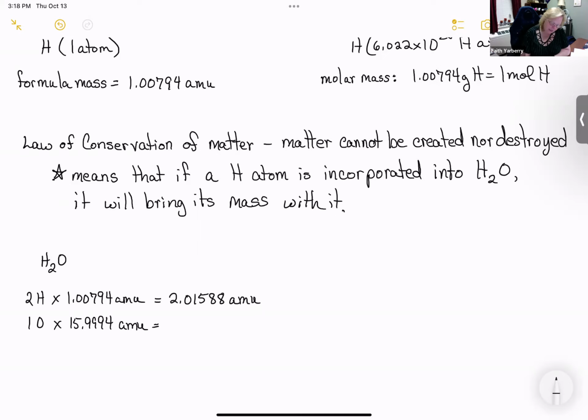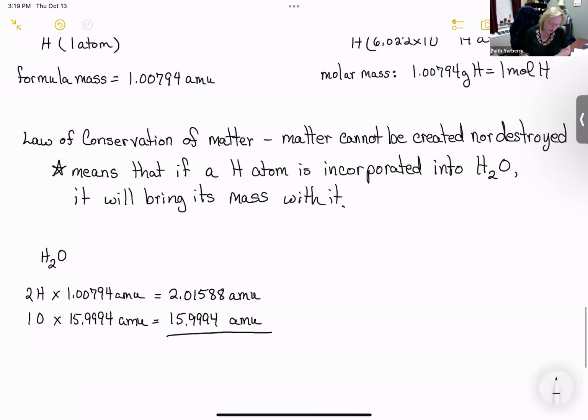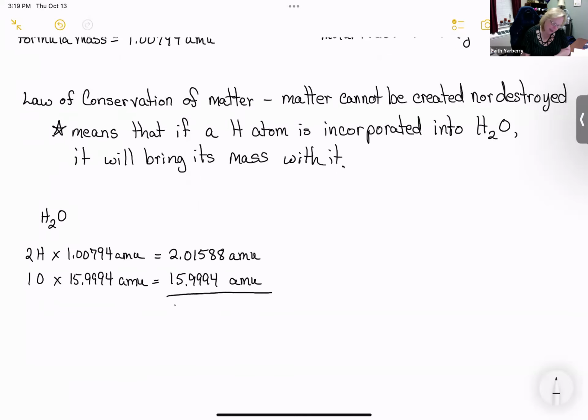And the oxygen contributes 15.9994 AMUs to the overall mass, giving water 18.01528 AMU. Now it is AMU if we are talking about 1 formula unit of water.